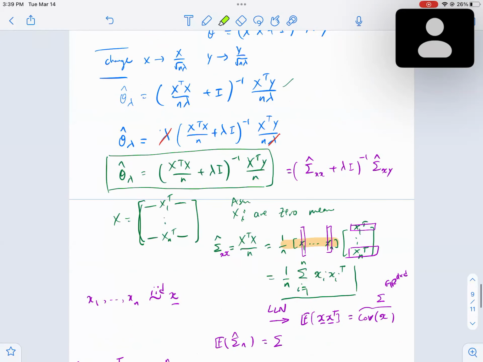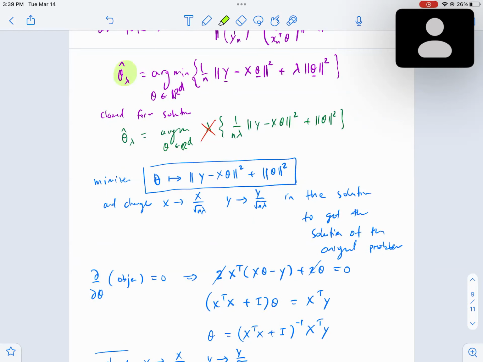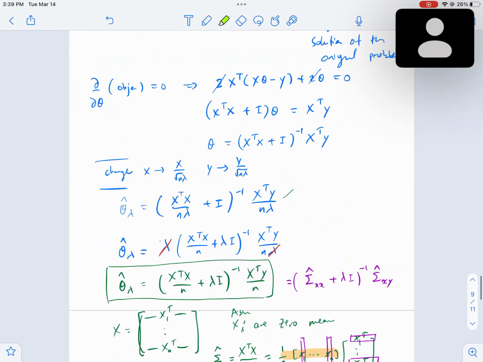And the end result is that we have one way to represent theta hat lambda, the solution of the ridge regression optimization problem. So that's an estimate of the true theta, theta star.